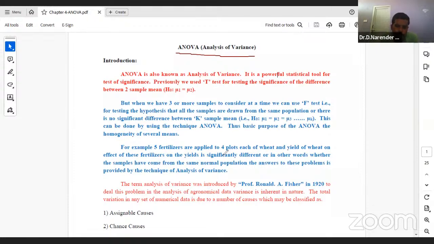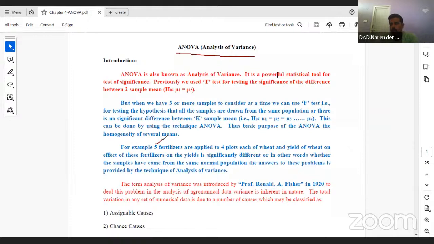For example, five fertilizers are applied to four plots, each of wheat, and yield of wheat. Is the effect of these fertilizers on the yields significantly different, or in other words, have the samples come from the same normal population? The answer to these problems is provided by the technique of analysis of variance.